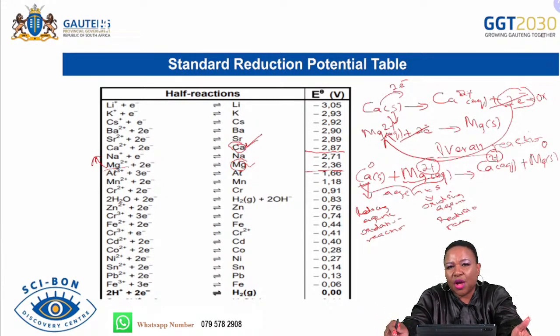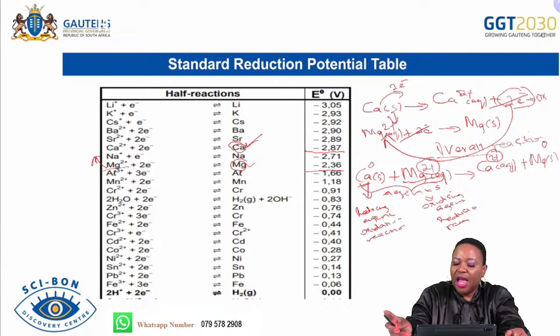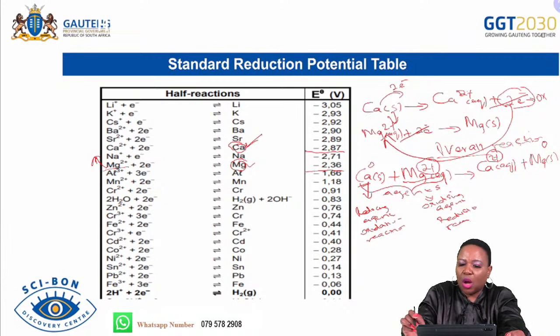Magnesium 2 plus ion has been reduced to magnesium. Calcium solid has been oxidized to calcium ion. It is very important that you know from where to where, starting from the side of the reactants to the side of the products, how the oxidation number of that specific species changed. And we can see that we have cancelled out our electrons.